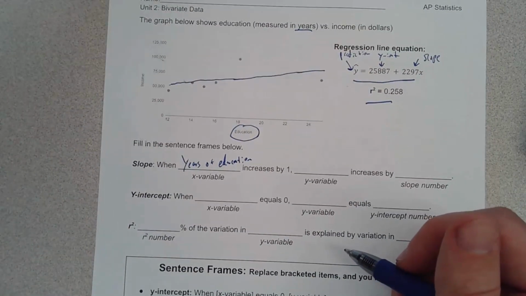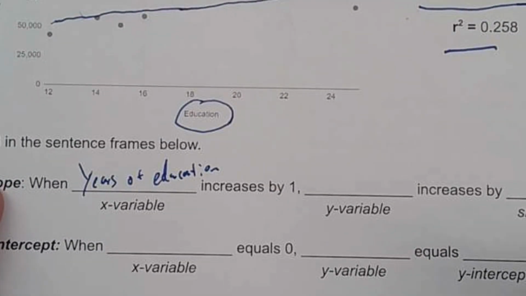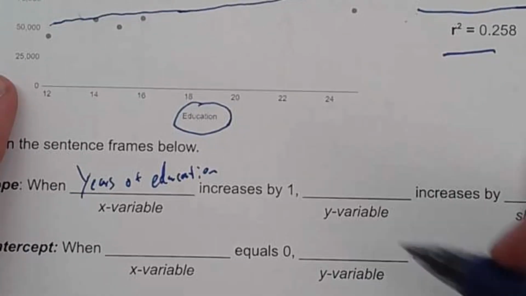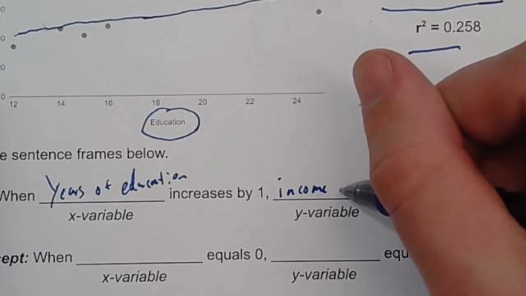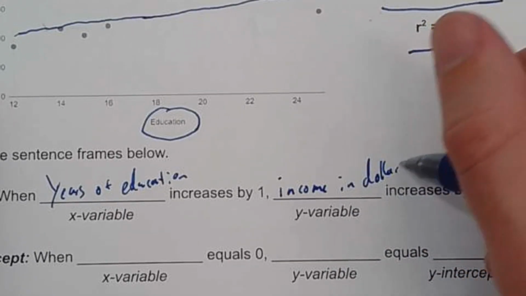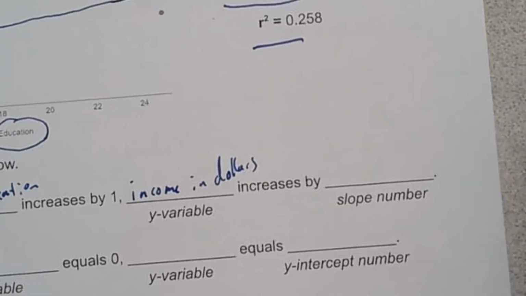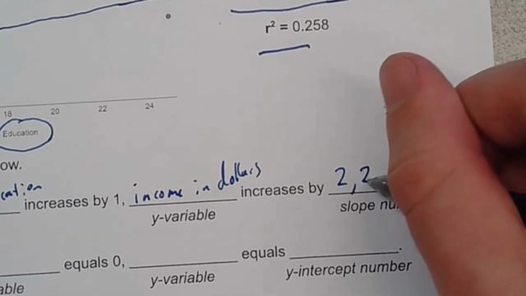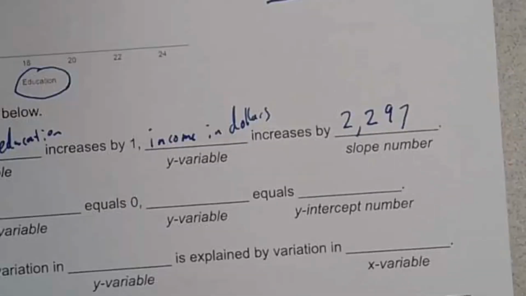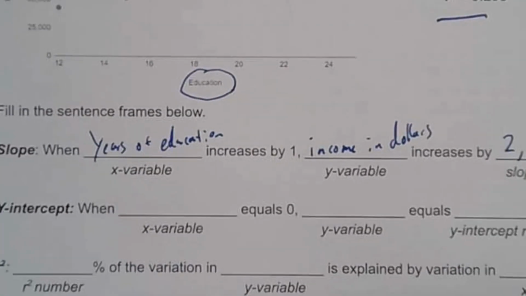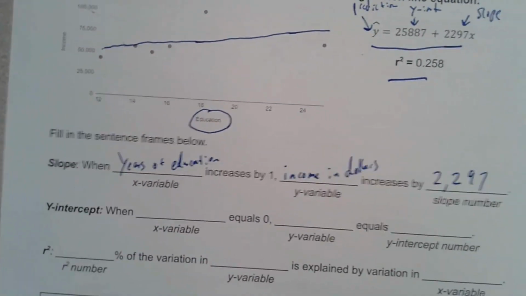When years of education increase by 1, income in dollars increases by my slope, 2,297. Okay. Let me zoom out a little bit here. Sorry, I'm just going to get this.